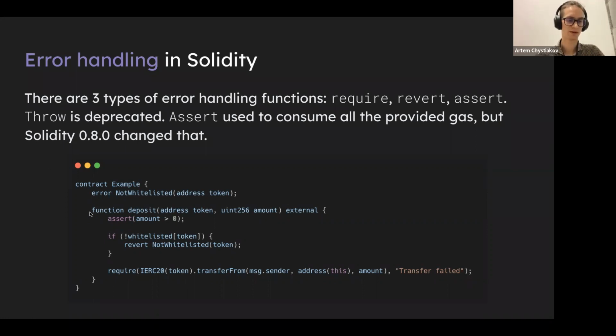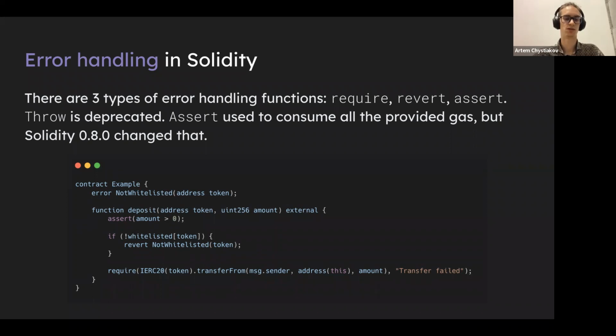Here we have a function deposit. It accepts a token to deposit and some amount to deposit. Here I check that amount is greater than 0. Here I use assert, just for the sake of example. Assertions mustn't be used to check the correctness of the function calls or the correctness of parameters.